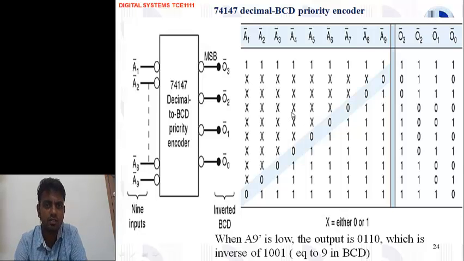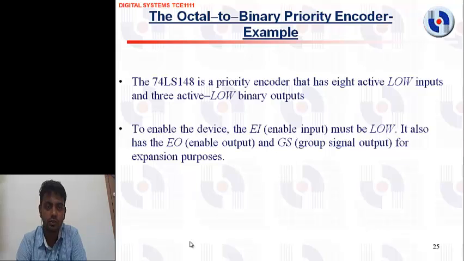In these conditions we give priority to a particular input, which indicates a particular output for that condition. So in this way, by using priority, we can overcome the limitations of normal encoders.